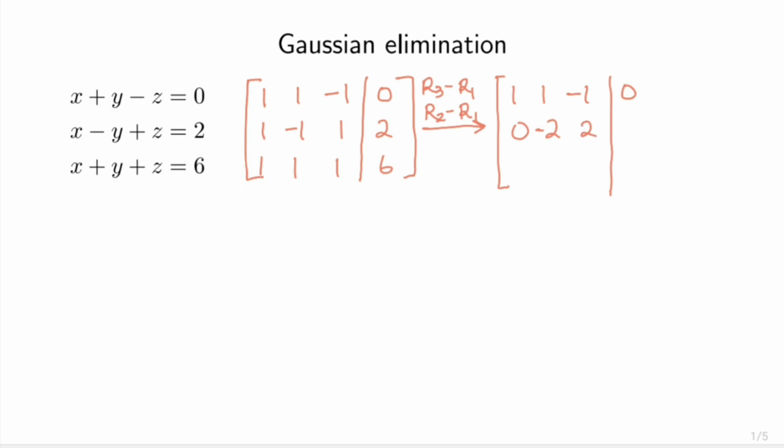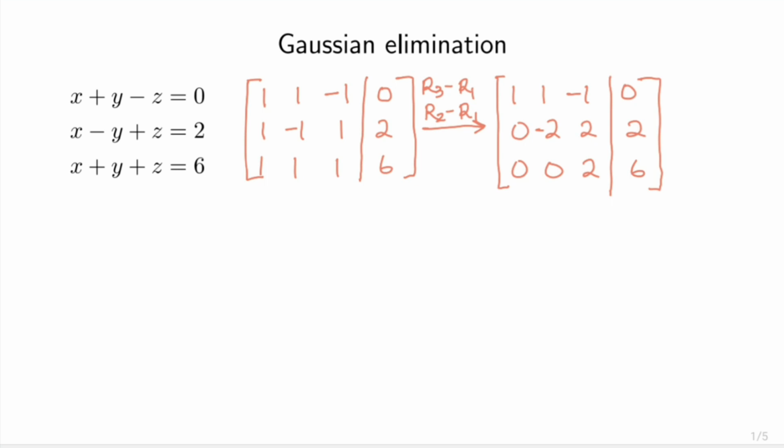Then we have 2 minus 0, that's still 2. Then we have row 3 minus row 1, so we get a 0 here, we get a 0 here. And then we have 1 minus minus 1, so that's 2. And then we have 6 minus 0, that's 6.